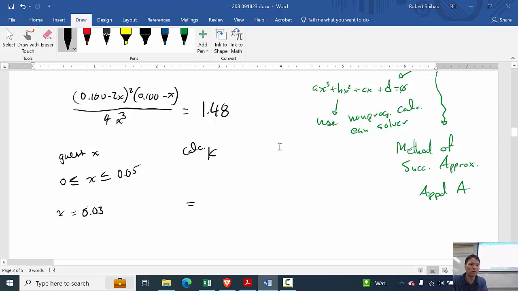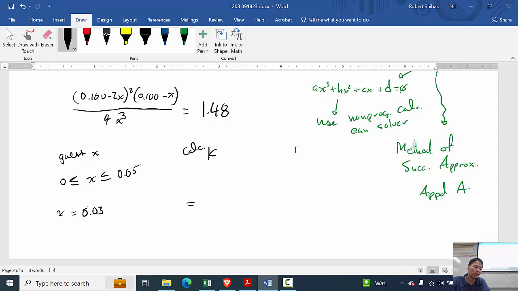Two times 0.03 is 0.06. 0.1 minus 0.06 is 0.04. So I'm going to do 0.04 squared. You guys can punch this in too, in case I make a mistake. 0.04 squared. All right, 0.1 minus 0.03 is 0.07.